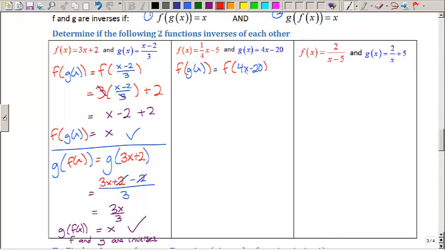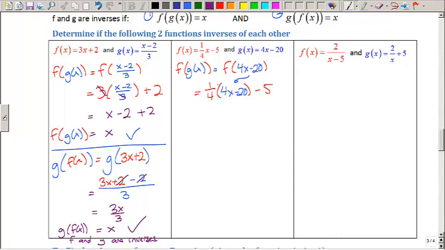Now I want to take the 4x minus 20 expression and substitute it into the f function. My f function says 1/4 x minus 5, but instead of x, I'm replacing x with 4x minus 20 from the inside of my parentheses.